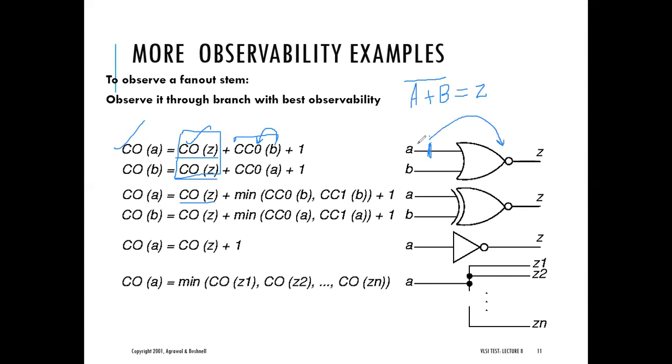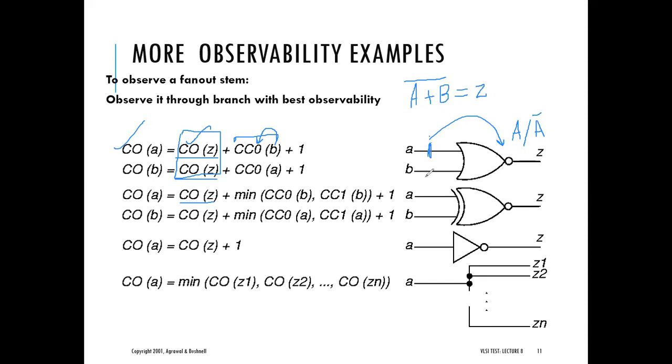It doesn't matter whether this input reaches the output as A or A complement. So you just have to look for a way that you get A or A complement.